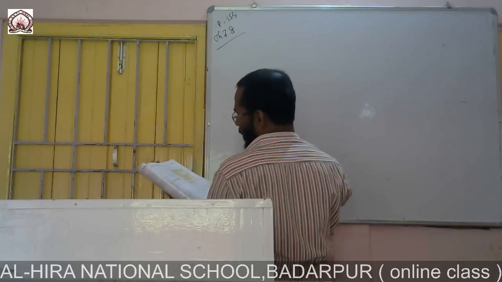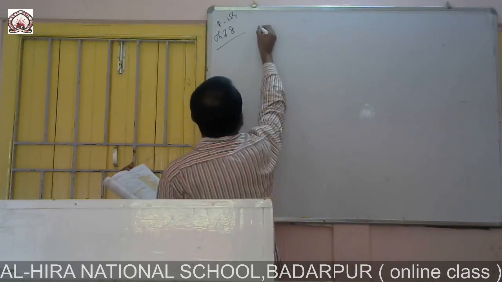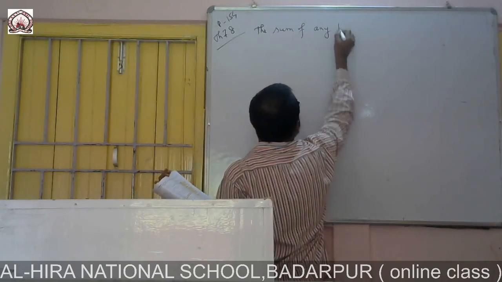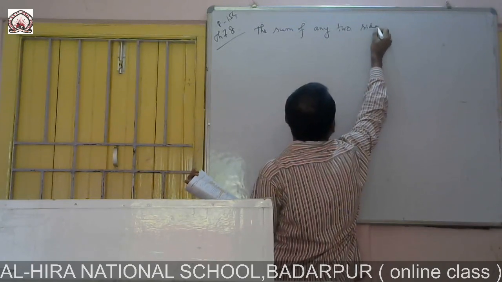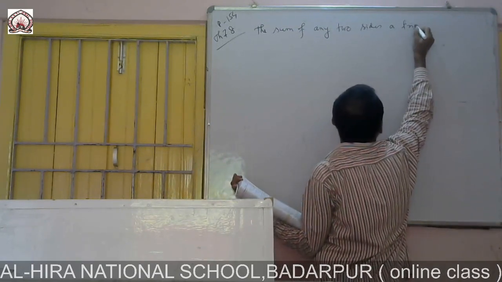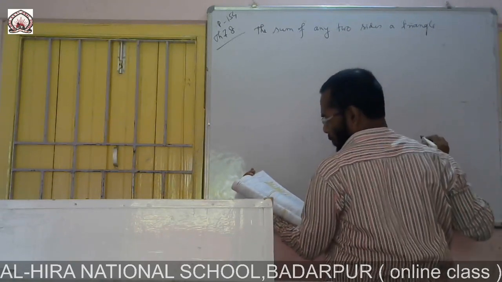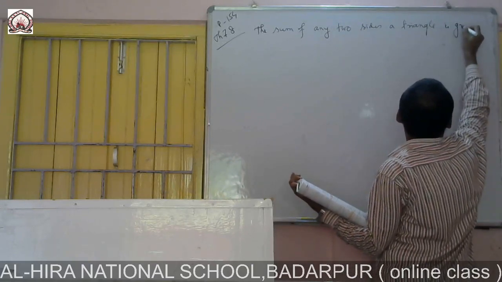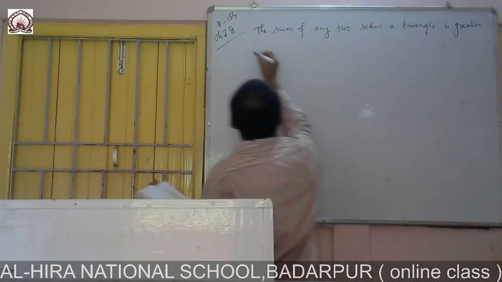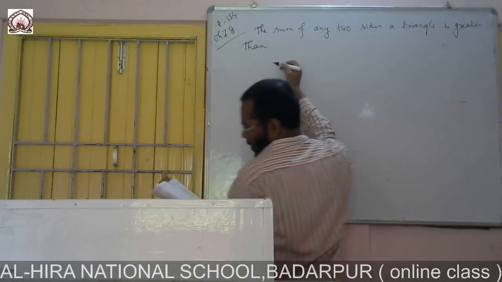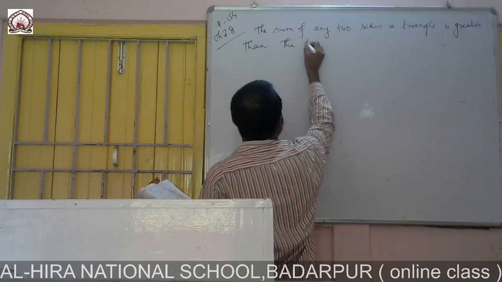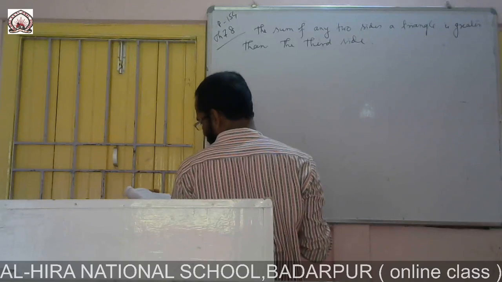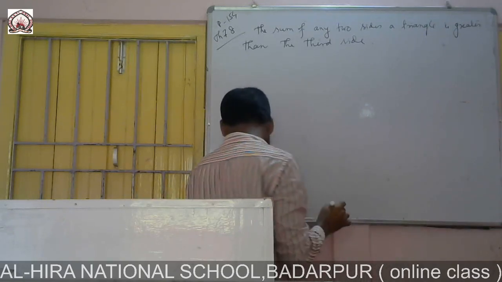The statement is: the sum of any two sides of a triangle is greater than the third side. So here we are drawing a figure.